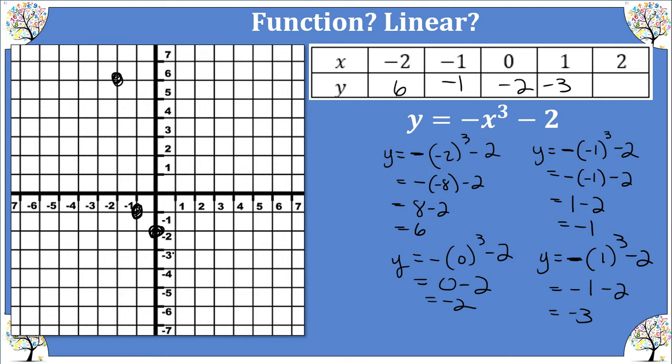So 1, -3. And then lastly, we have y equals negative, and then we're going to plug in 2, and it's cubed minus 2. So 2 cubed is 8 times that negative out front, and that gives us -10.